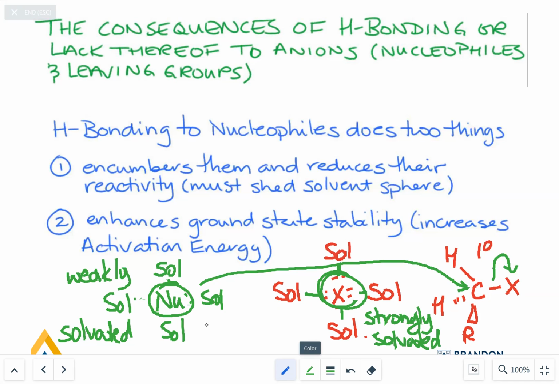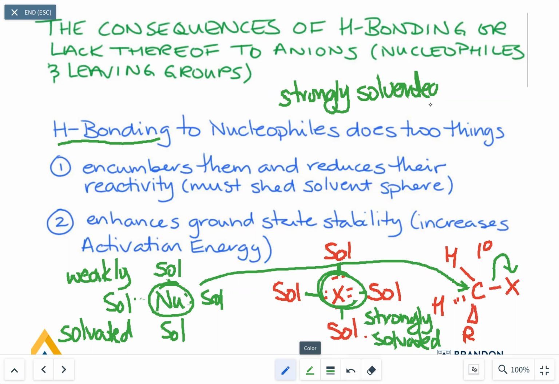So hydrogen bonding does a couple of things. If it's strongly solvated, it's going to reduce the nucleophilicity, because you've got these things stuck to you and you've got to get rid of them before you can attack, right?